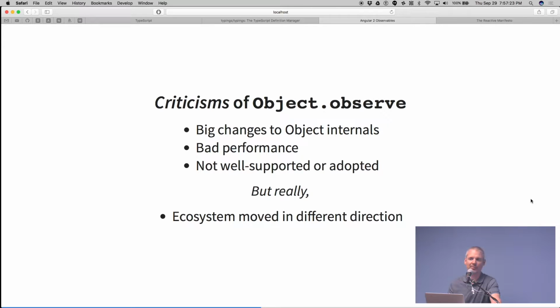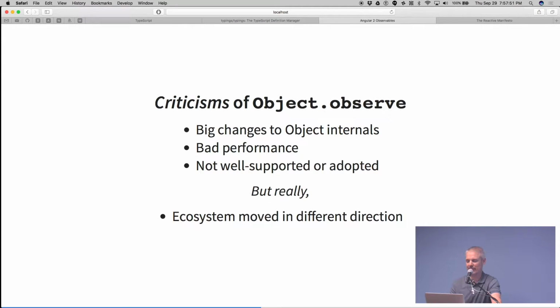Also, there was never really a proposal that convincingly would not have bad performance. All the proposals that came around looked like they were going to have really bad performance, and a lot of the early implementations and trials were really bad. It wasn't really well supported or adopted for some of those reasons, but really what happened, I think, was observables, or something like observables, came along and eliminated the need for it.